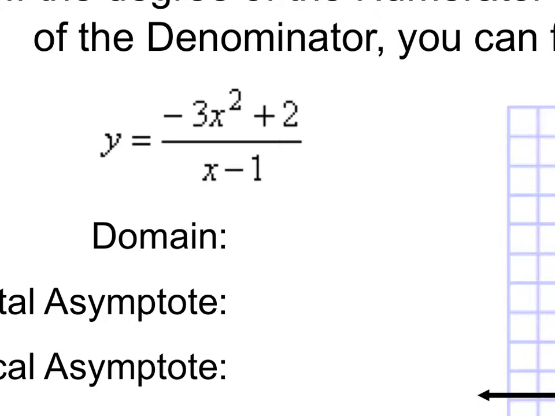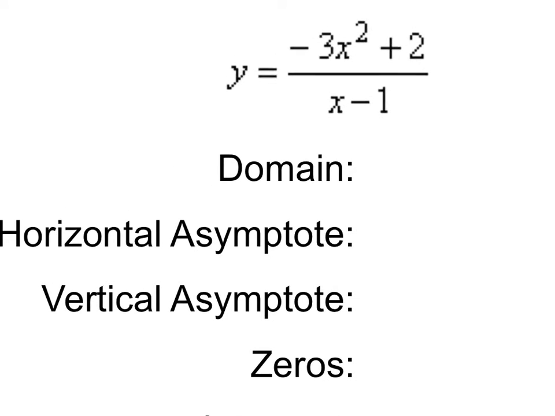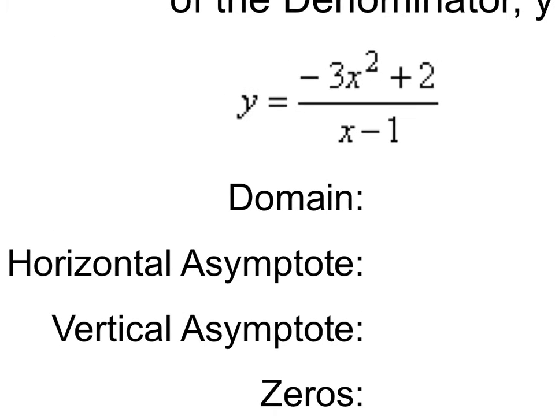Now let's talk about these first three parts here. First of all, as you look at this rational function, what's our domain? X cannot equal 1. All right, good. X cannot equal 1.